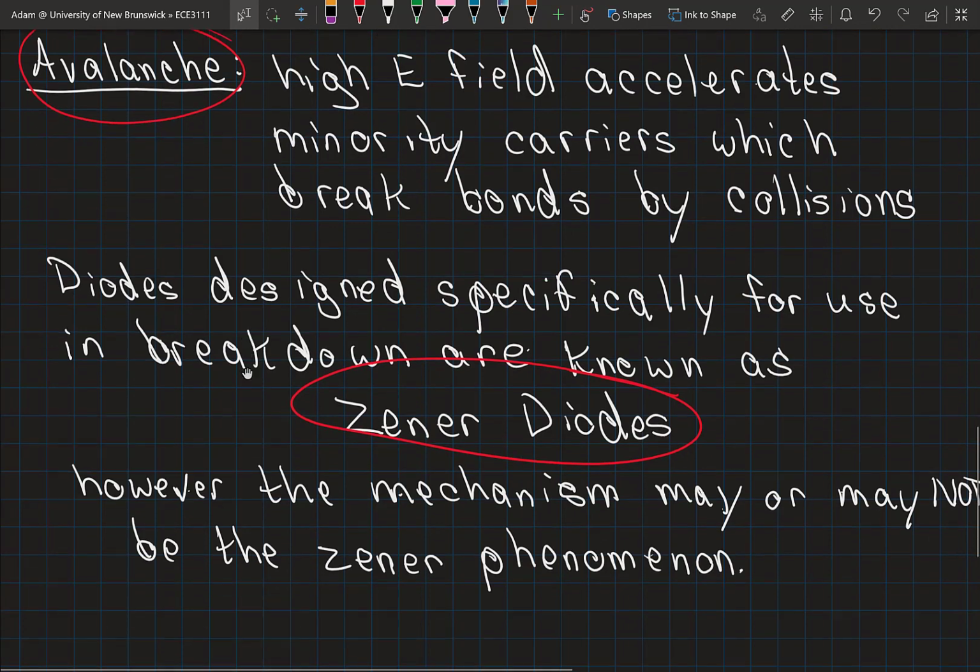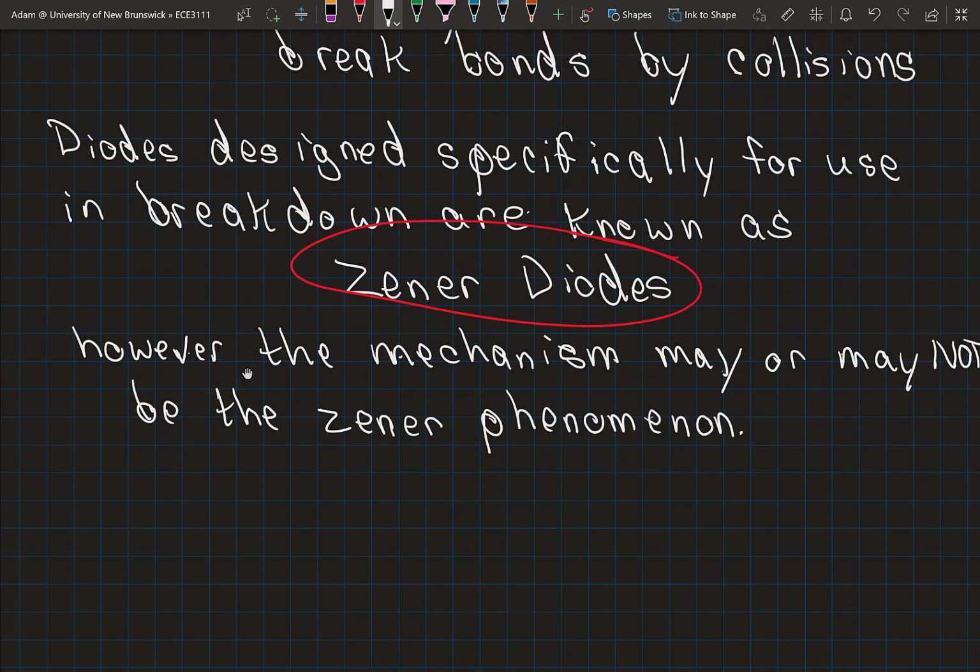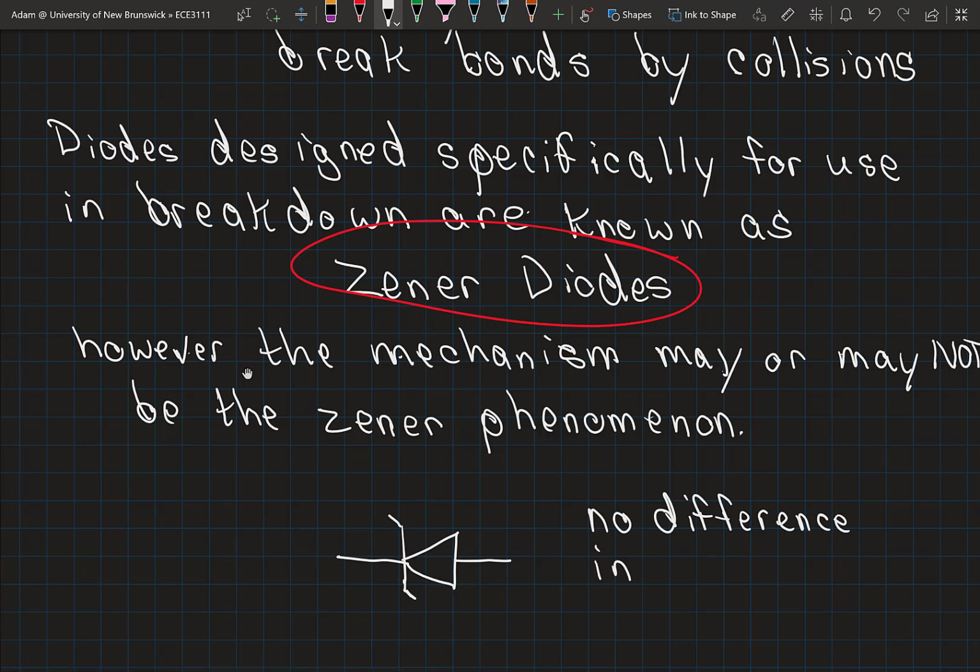Okay, so in a schematic symbol, let me make this more clear, the Zener diode is depicted by having the little wings on the cathode marker. Okay, so although on the schematic it is depicted differently, there's no difference in physical appearance.